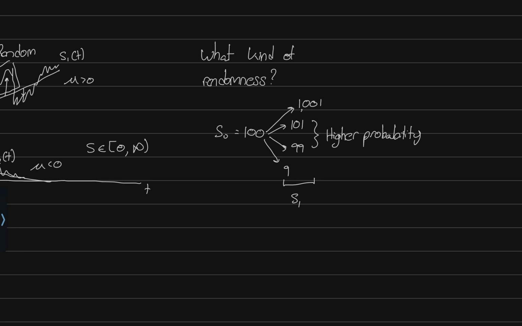So in one day, if we have a stock trading at $100, it is way more likely to either go up to 101, for example, or go down to 99, and somewhere in between, rather than it going all the way up to 1,001 or down to $9, right? So these two cases have low probability. This one also has a low probability.